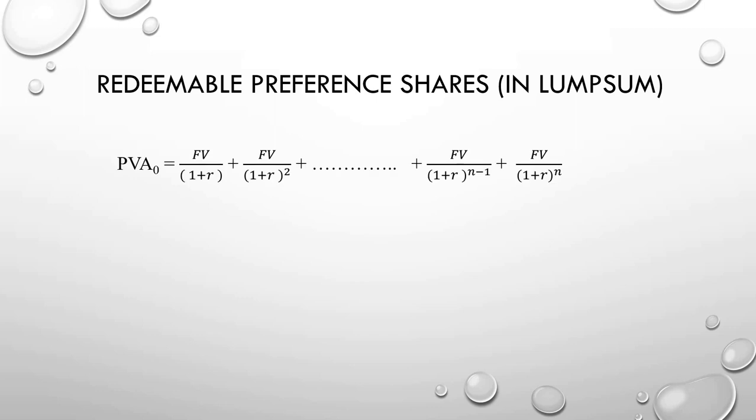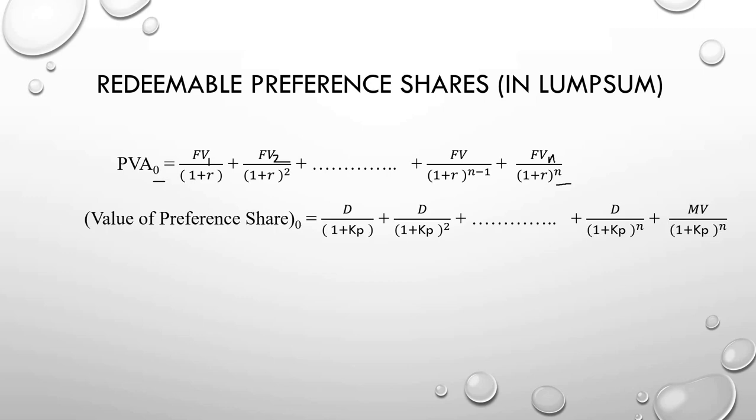Whenever the company is redeeming in lump sum, we have already discussed that your redeemable preference shares time period is known and there will be future cash flow. So first of all I have written the equation of annuity. This is present value of annuity at current time period, and this will be your FV1, FV2, FV3 and FVN. So time period is known. Now what we are going to do?